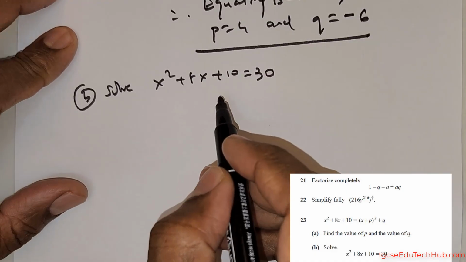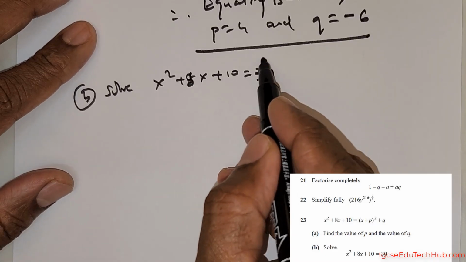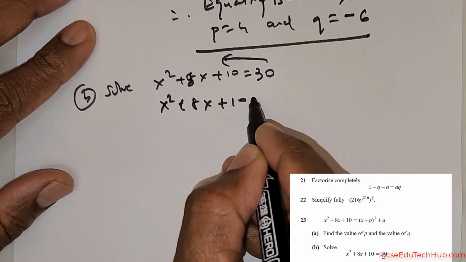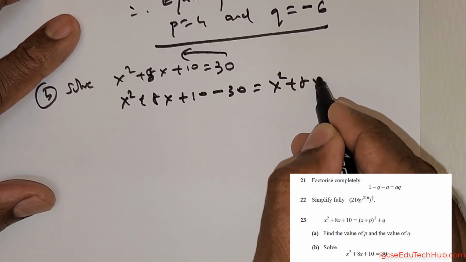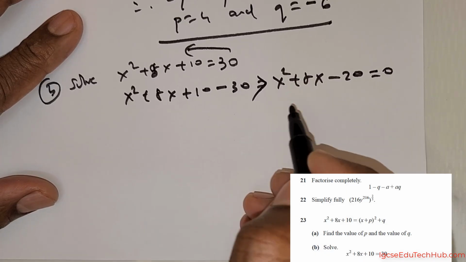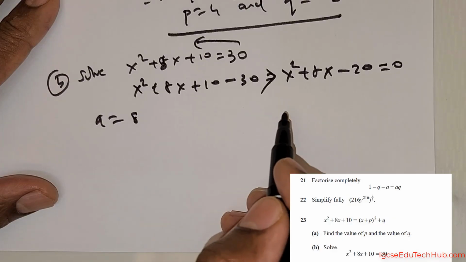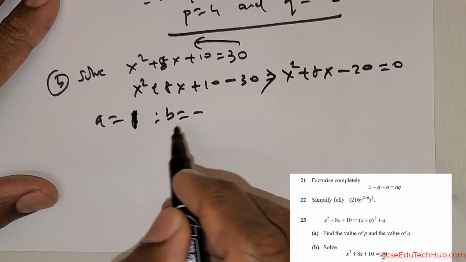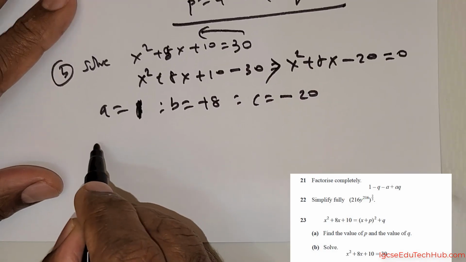Next, we need to solve x² + 8x + 10 = 10. I move this to the left. I get x² + 8x + 10 − 30, which means x² + 8x − 20. I take it equal to 0. So if I use the quadratic formula, a is equal to 1, b is equal to 8, and c is equal to −20.